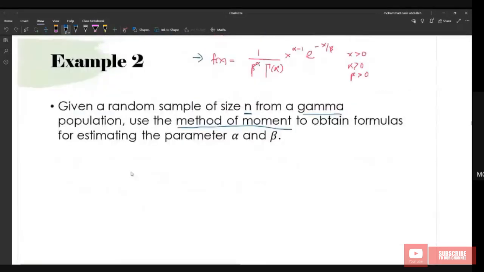So to solve for two parameters in example number 2, we know this is a random sample taken from a gamma distribution, and for the gamma distribution we have mu is equal to alpha beta, and sigma squared is equal to alpha beta squared. So this is the mean and variance for the gamma.